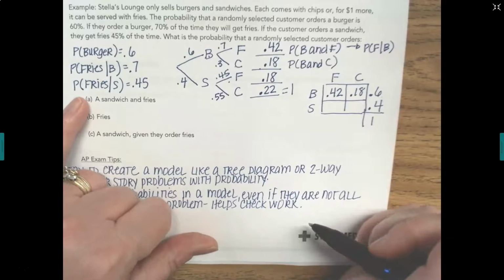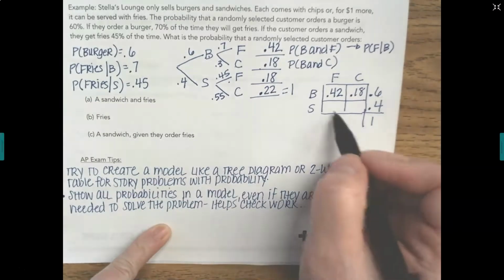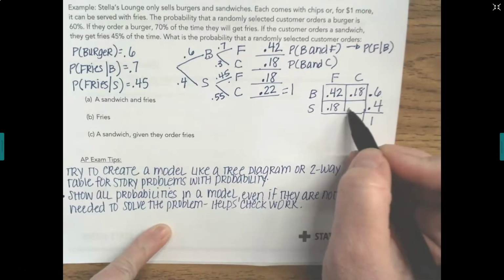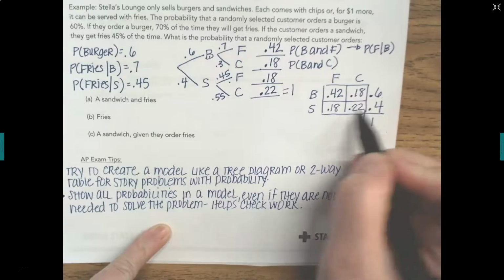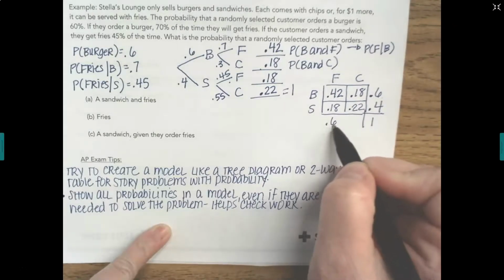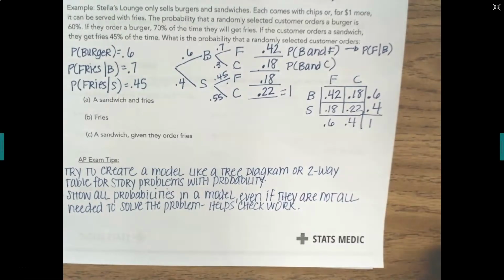So the probability of a sandwich and fries was 0.18, which makes this last section 0.22, so we can add up to the 0.4. And when I add down, I get 0.6 and 0.4 for our total. So either one of these can help us answer the questions.